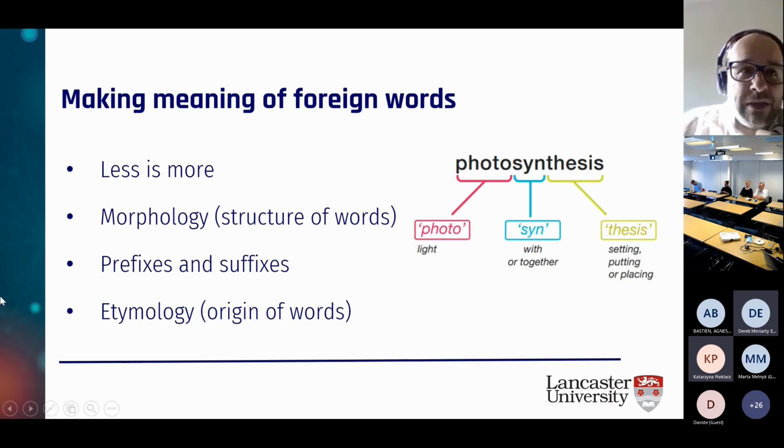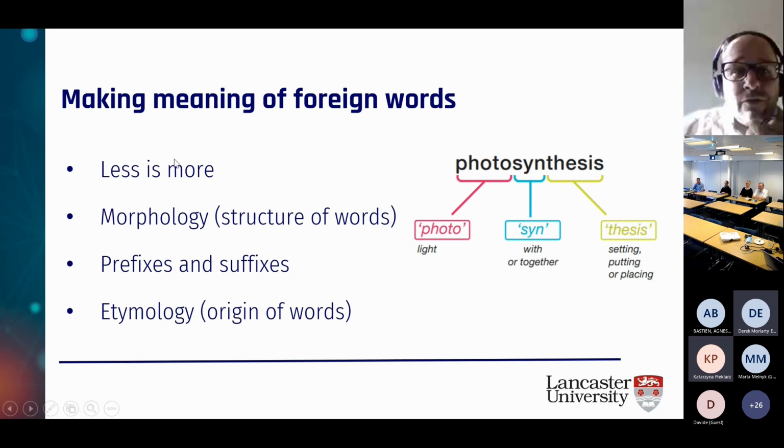So my first point, and this part of the presentation inspires itself quite a lot on a document published by the Education Endowment Foundation. One of the points is, during my teacher training, and for lots of teachers, teaching science is also about teaching languages and making meaning of foreign words, and photosynthesis is a good example of it.